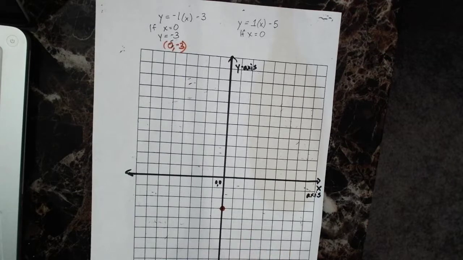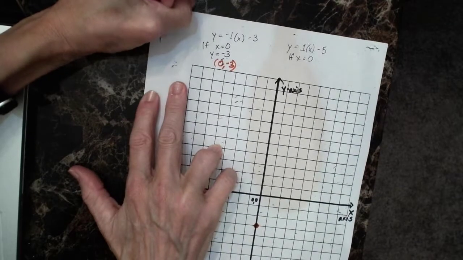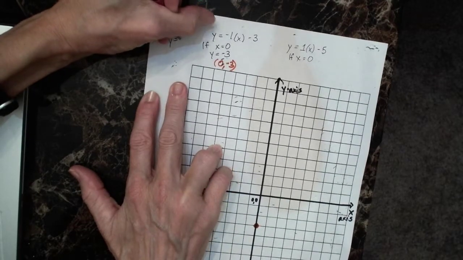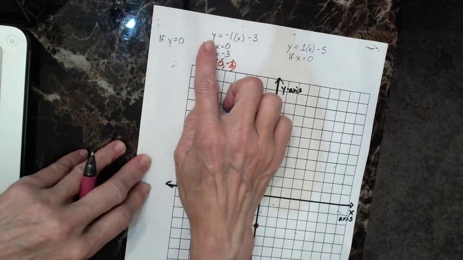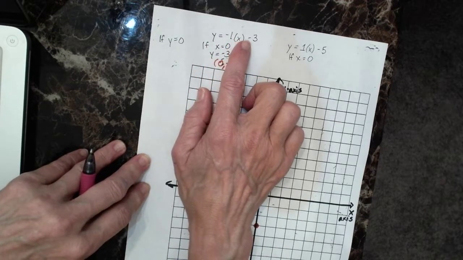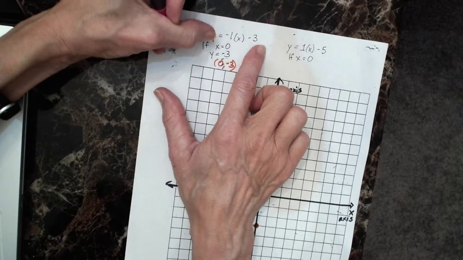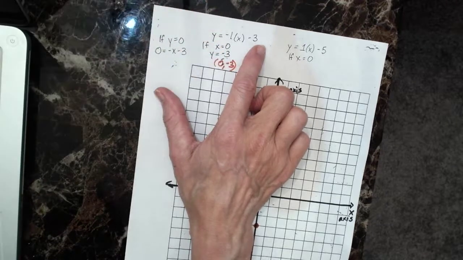The next thing you want to do is let y equal 0. So if we put a 0 here, we would have 0 equals -x minus 3.